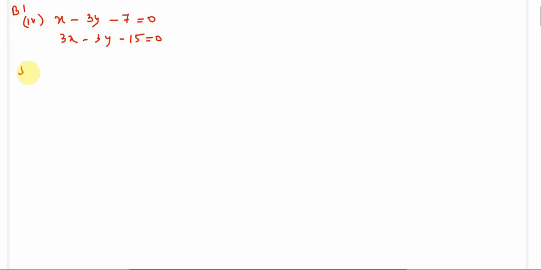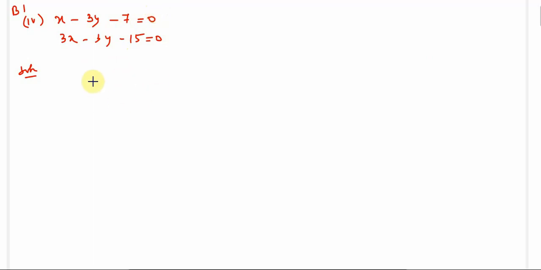So solution, first what we need to do, we need to arrange, right? But here the equations are already arranged, because we need all the terms on the left hand side. Since we are going to use plus 1 as the heading, if we are going to use minus 1 as the heading, then we need to transfer this to the right hand side. But we are going to use plus 1 for all the questions under the cross multiplication method.